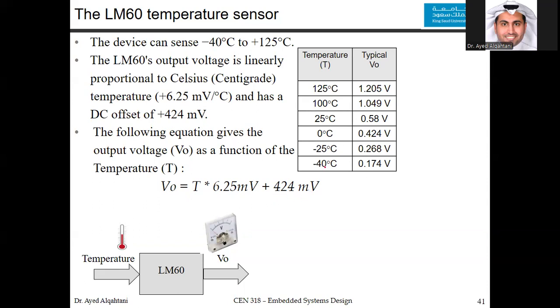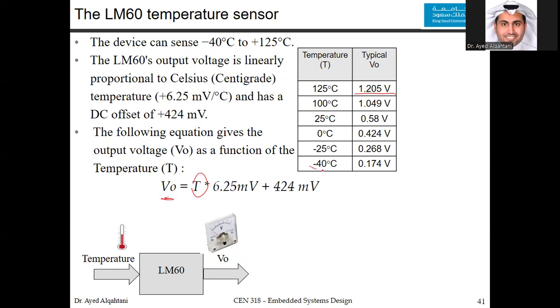And you can see these are many values that you can test yourself. Plug in the value of T here and try to find the V0. You will find for every temperature the corresponding voltage.